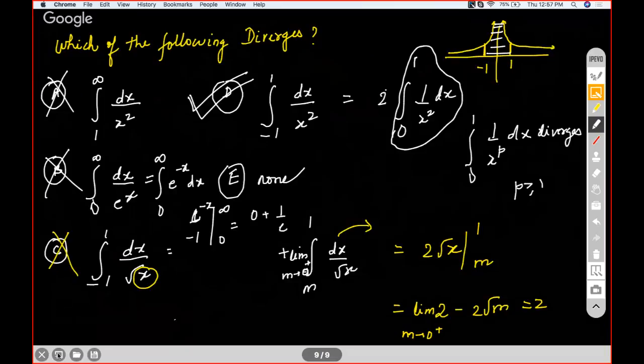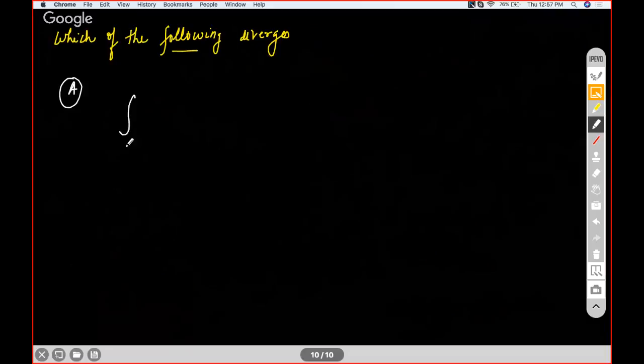Let's take one more. Which of the following improper integrals diverges? I have already sent you the assignment for this exercise, right? Just check whether questions based on this are there or not. I'm actually talking about the 60th question in your assignment.